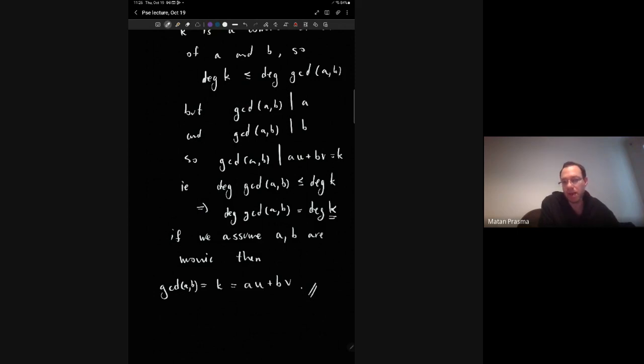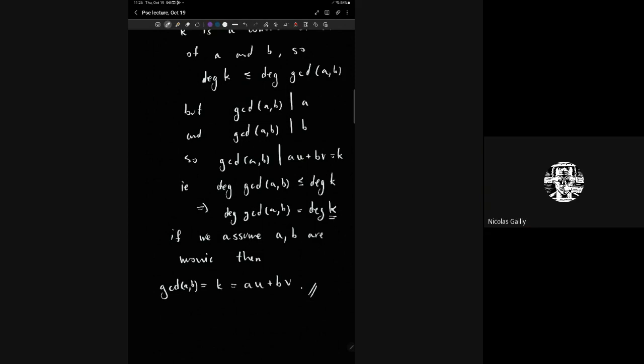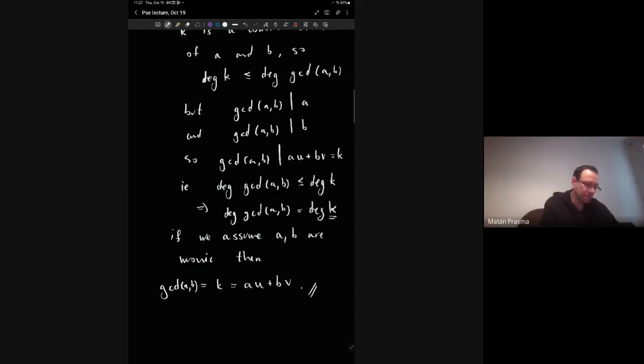The GCD of A and B is unique if A and B are monic, and it is the common divisor of A and B with minimal degree. So if the degree of K is equal to the degree of the GCD, they must be equal, right? Yes, you need the uniqueness of the GCD. Okay, yes, thanks. So maybe here, since we assume.